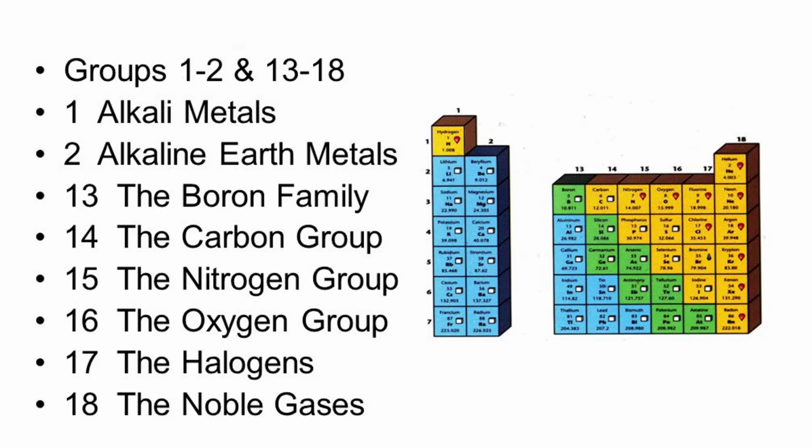You'll need to know group 1, the alkali metals, group 2, alkaline earth metals, 13, the boron group, 14, carbon group, 15, nitrogen group, 16, the oxygen group, although they are also known as the chalcogens. Group 17, your halogens, and group 18, your noble gases. So we're going to go through the more notable members of these groups, talk through some of their properties, and tell you what you need to know.